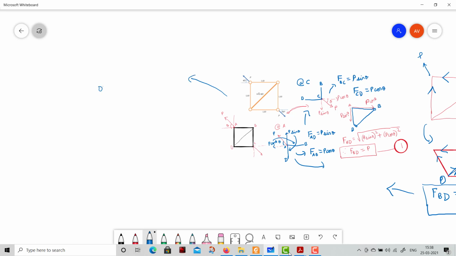I have a rod, an element like this, and it's under compressive load. The element is BD and the force is P, so it is under compression.